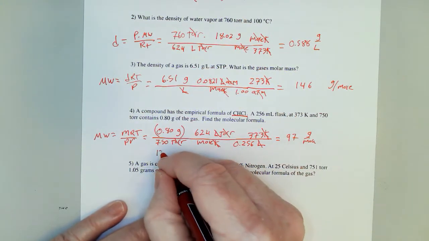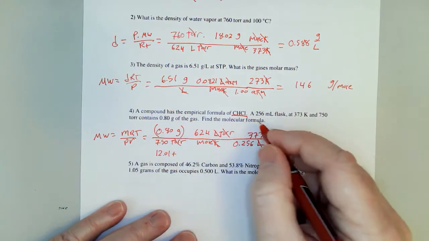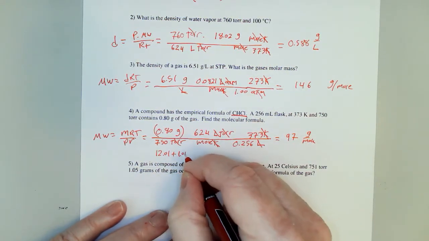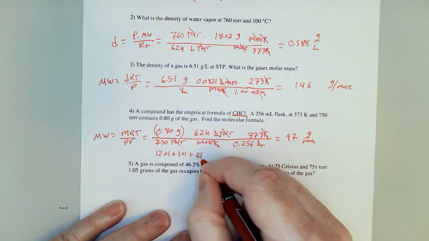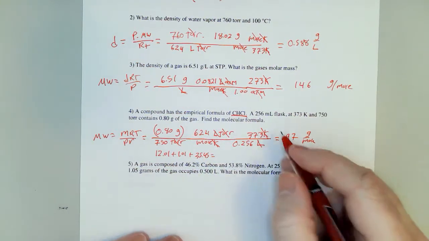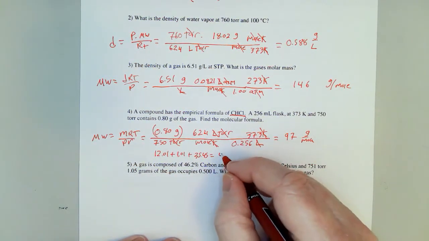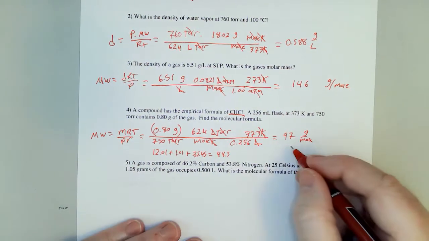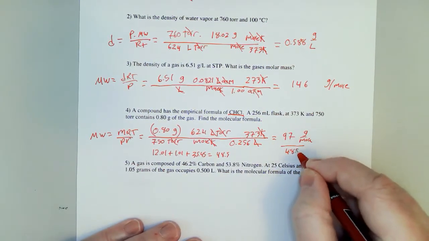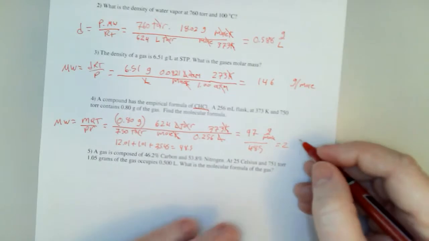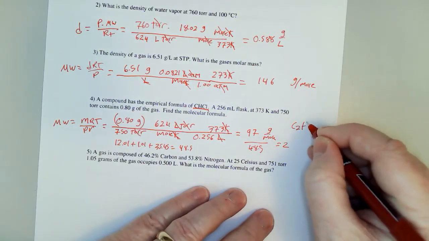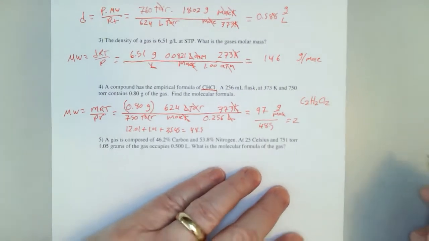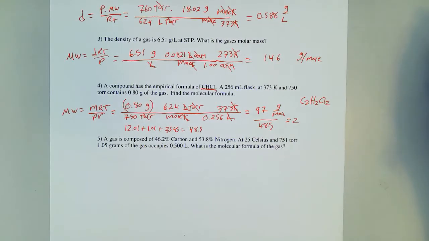Well, let's see, carbon's 12.01 plus hydrogen's 1.01 plus 35.45 for the chlorine, and that comes out to be about 48.5. So 48.5 into that goes twice, so the formula must be C2H2Cl2. All right.